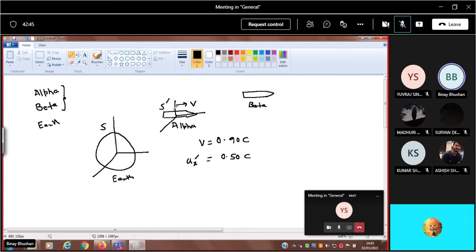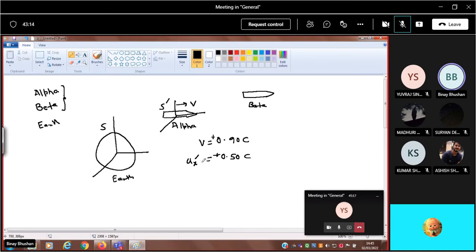And it is telling that it is moving at a relative speed in the same direction. That means both v as well as ux prime have the same direction. So we can take both as moving in the direction of x prime, both as plus.